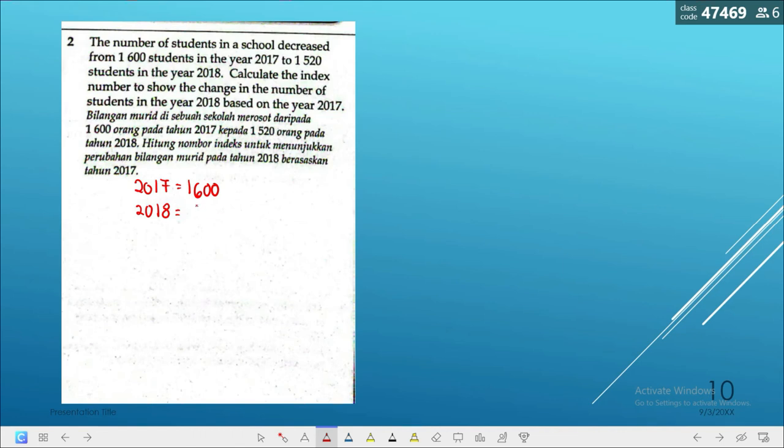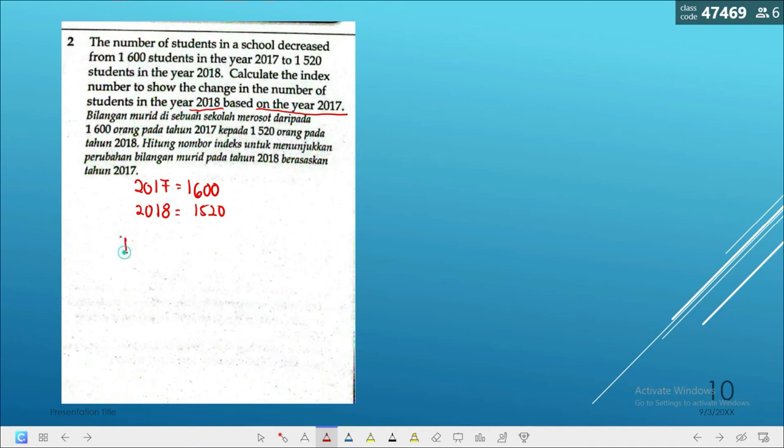So here is 1,520. Calculate the index number that shows the change in the number of students in the year 2018, based on the year 2017. So Q0 is 2017 and Q1 is 2018.